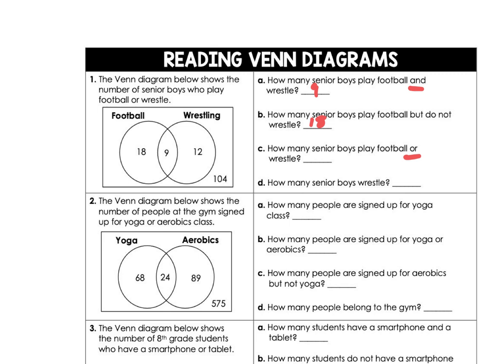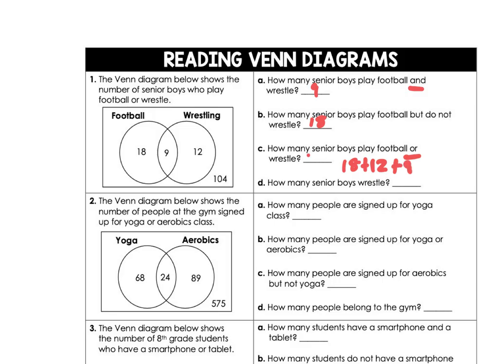How many play football or wrestle? 39. How much? 39. Okay, how'd you get that, Cora? Add 18, 12, and 9. Yep. Everything that's in either one of those circles. 18 plus 12 plus 9.